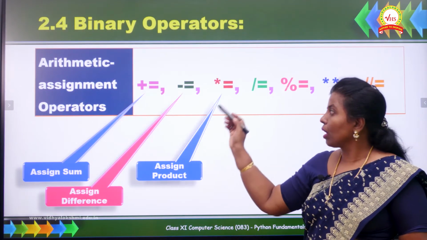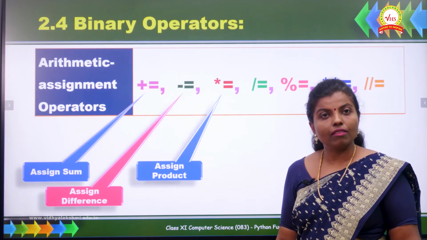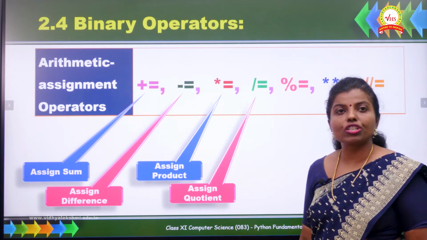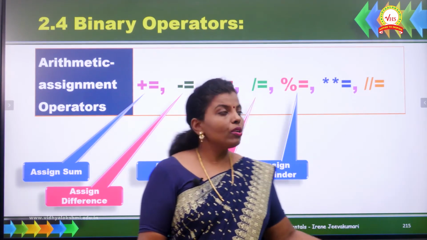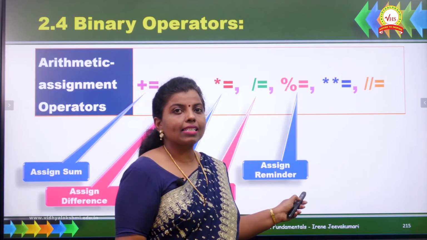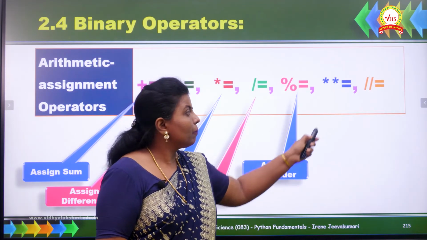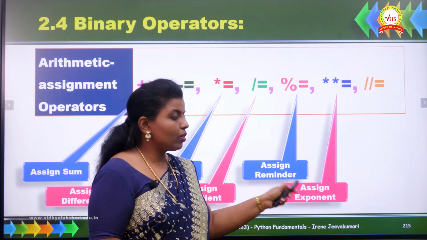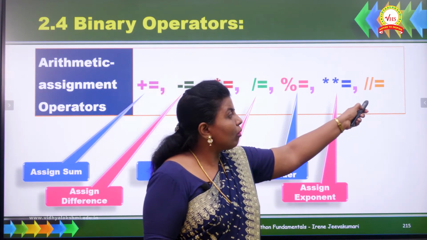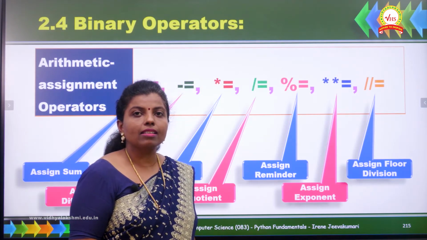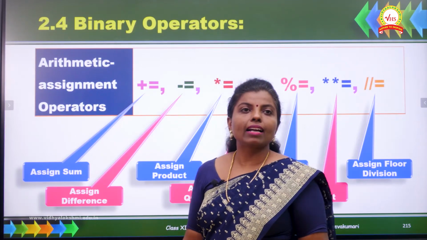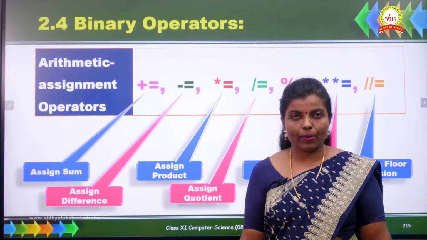Multiplication equal to assigns the product to the variable. Division equal to assigns the quotient to the variable. Modulus equal to assigns the remainder to the variable. Exponent equal to assigns the exponent to the variable, and floor division equal to assigns the floor division result to the variable. So these are the arithmetic assignment operators of Python.